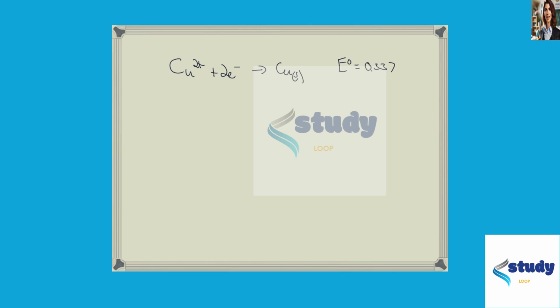The other half reaction is AgCl solid plus 1 electron goes to Ag solid, plus chloride. And this one is not quite as large at 0.2223 volts. So this one will be reversed and serve as the anode.